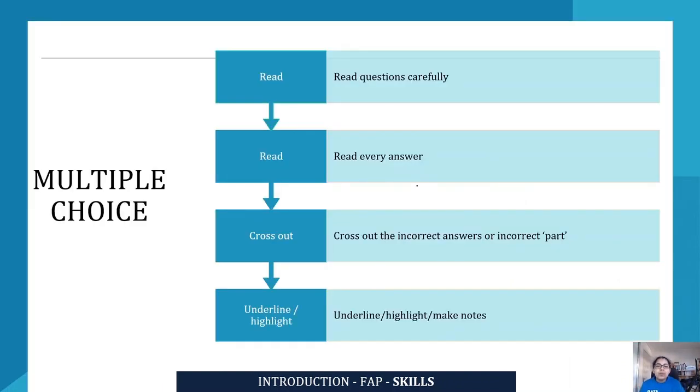So, when it comes to multiple choice, I honestly find the best way to go about doing it is to read, cross out, underline, or highlight. What that means is you start off by reading the question carefully. Sometimes you are nervous when you go into that exam room. You don't feel like you're going to smash it out.